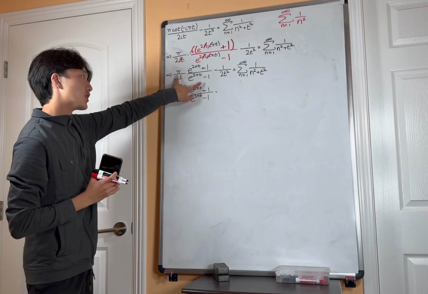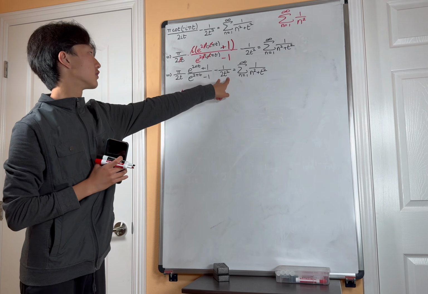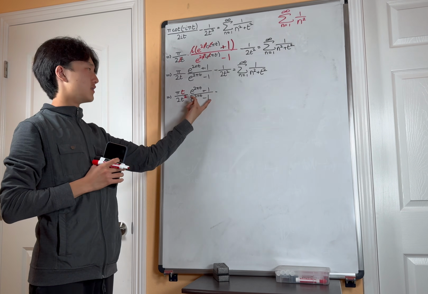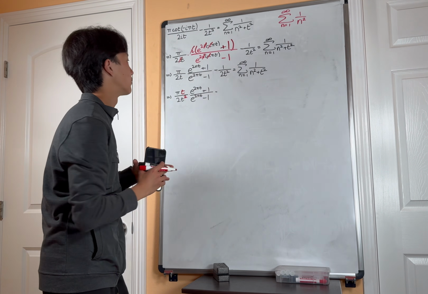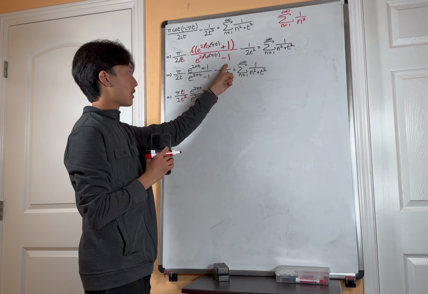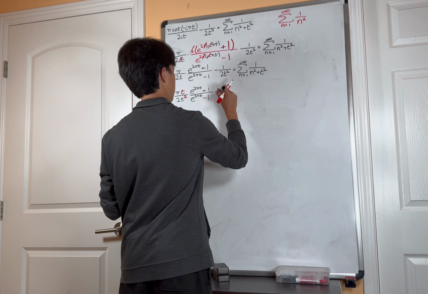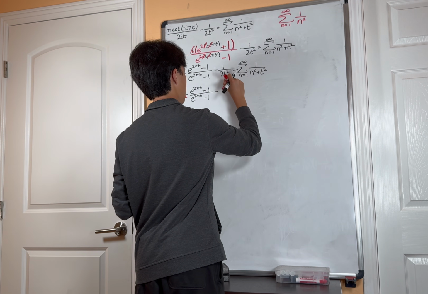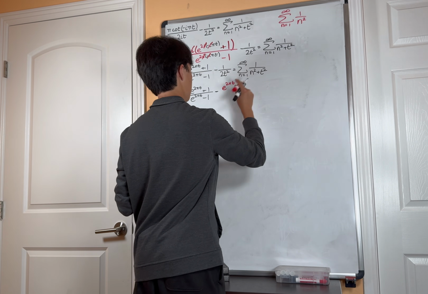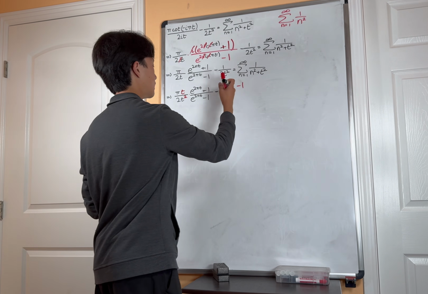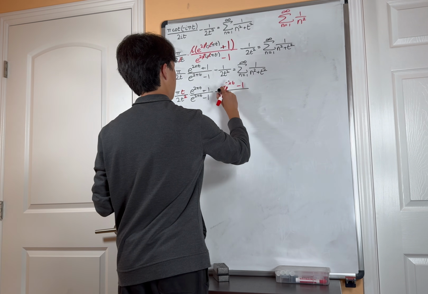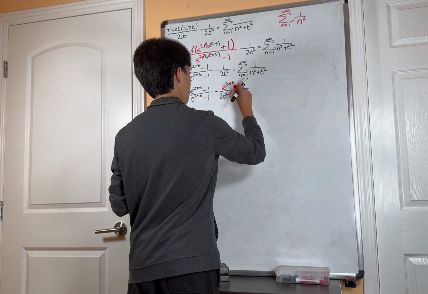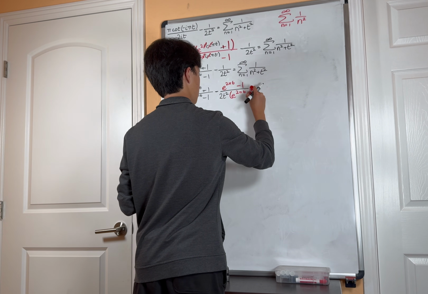The point is to make the denominators the same, right? So here we have the 2t squared, and now we just have to multiply in this thing. So let's multiply this guy on both the top and the bottom. On the top, we get e to the 2 pi t minus 1, that's this guy times 1. And then we have this 2t squared times e to the 2 pi t minus 1, right?